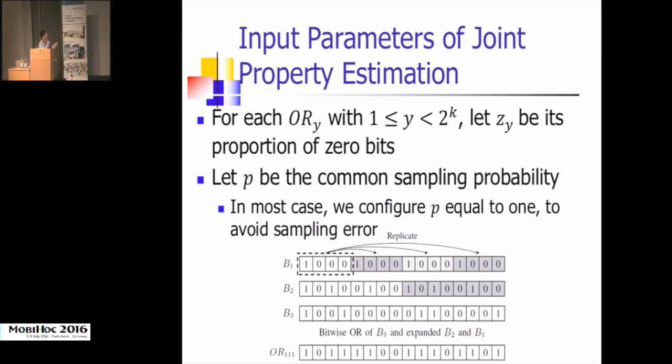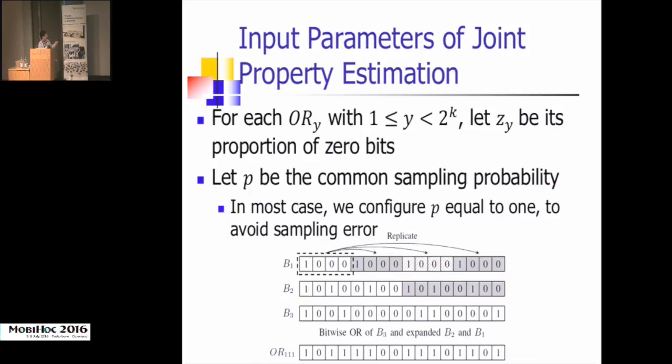For each OR bitmap, and here we have 2 to the power k OR bitmaps, we use the symbol ZY to represent its proportion of 0 bits, and P is the common sampling probability. In most cases, we configure P to 1.